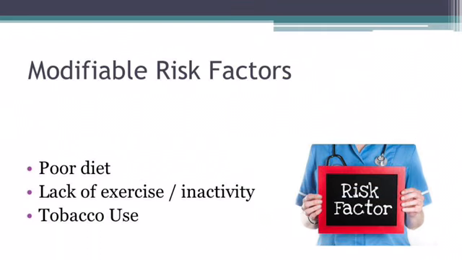Modifiable risk factors. These are the things that we do have a lot of control over. We can control what we put on our plate and how much we put on our plate. We can control how much we move our bodies, whether that movement comes throughout our regular day or whether it comes in a gym or on a run. And we certainly have some control over whether we choose to use tobacco or not.